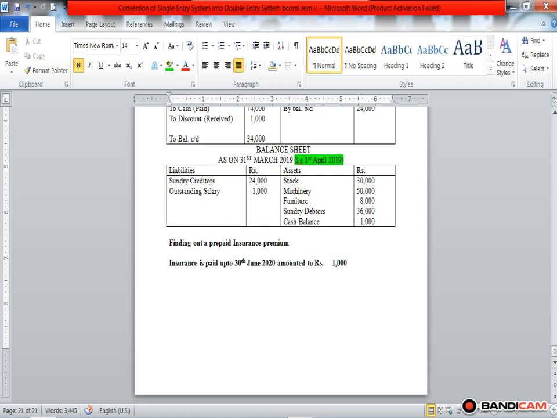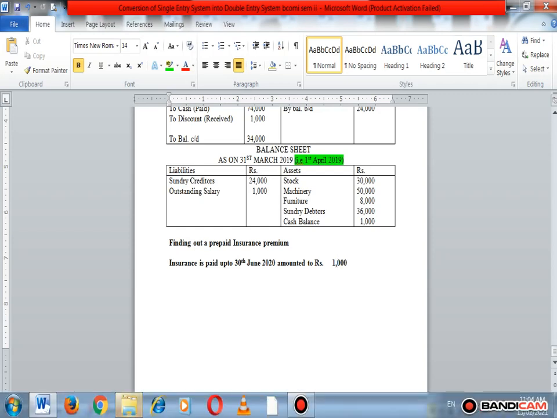March, April, May, June. After 31st March, it means April, May and June, 3 months prepaid insurance.